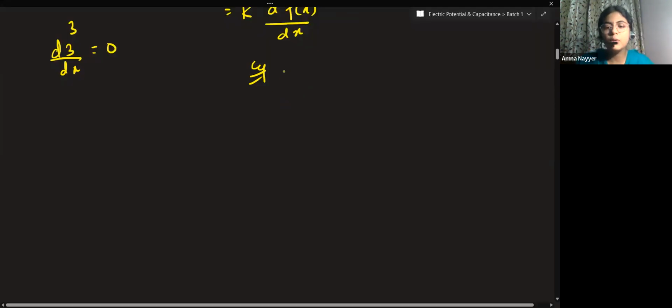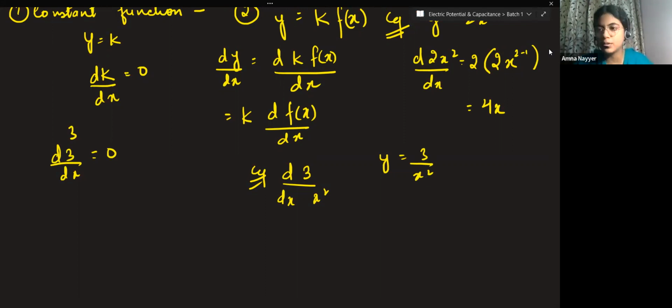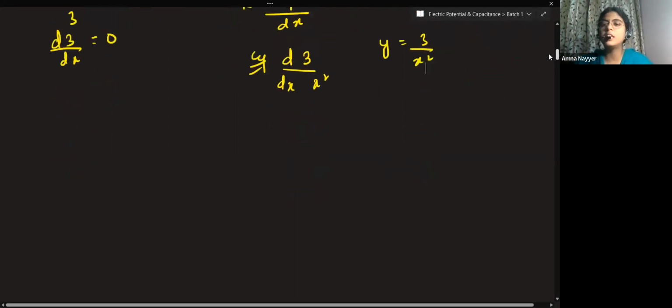If it is given to you as dy over dx, and your function is 3 by x square. So here in this case, I have given you y as 3 by x square, and you have to differentiate 3 by x square now. If y is equal to 3 by x square, then you will write it in this manner, d of 3 by x square. So again, 3 is your constant, and 1 by x square is your variable now.